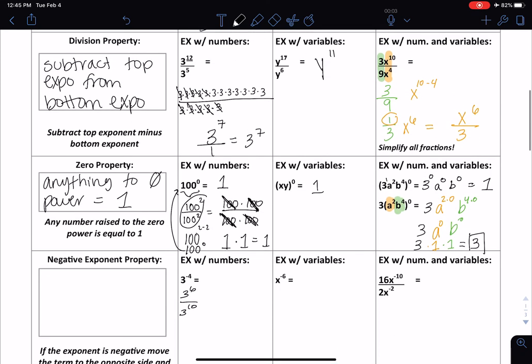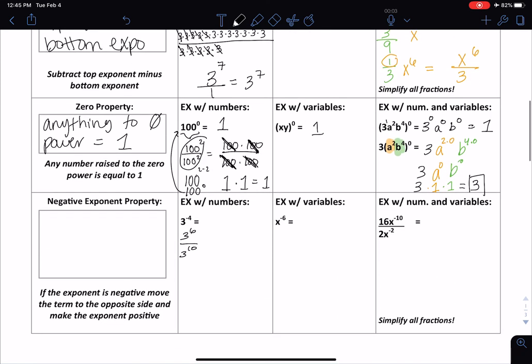Okay? Our rule said subtract the top from the bottom. So if I subtract 6 minus 10, I get 3 to the negative 4. Okay, so I'm just showing you this to show you that these two are the same. I just wrote them differently.